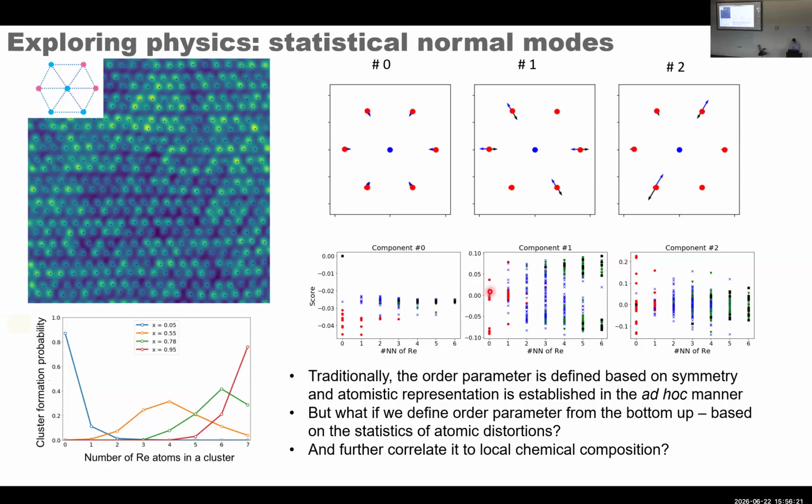And this type of symmetry breaking mode is constant for low rhenium concentration, and then it starts to open up. So this phase transition, the symmetry lowering transition, we can essentially observe on the atomic level if we analyze the statistics of our atoms well enough. So that's the value proposition of electron microscopy if done well.